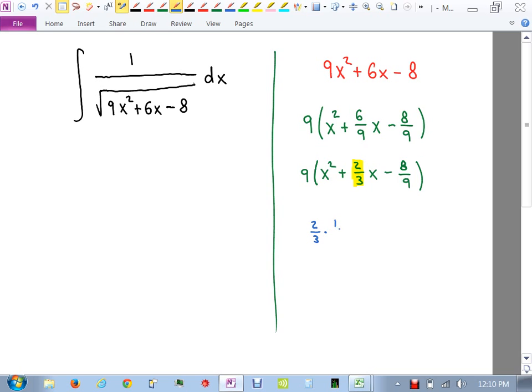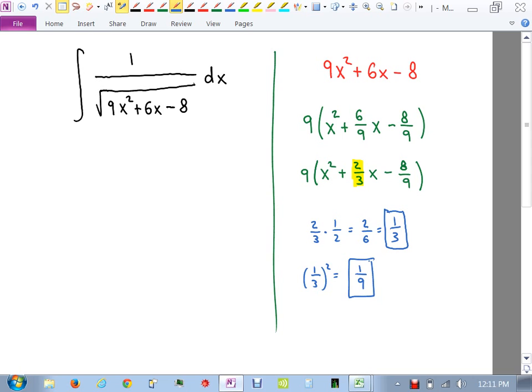I'm multiplying it times a half, which gives me what? 2/6, which is really 1/3. Half of 2/3 is 1/3. That's the first thing you're supposed to do with completing the square. And I'll just kind of box this. I'll need that later. And then you're supposed to take that number and do what with it? Square it. And when you square it, you get 1/9. And that's my second magic number.